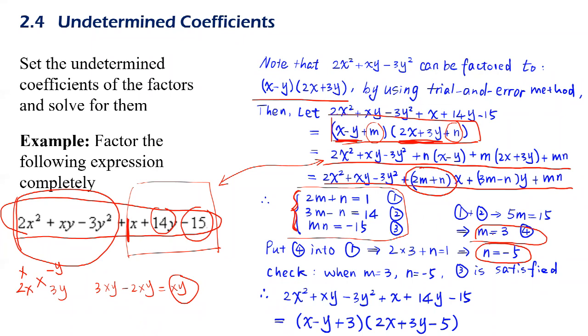So our solutions for m and n worked for the factoring. If we put m being 3 and n being -5 into the factored form, then we know that the original expression can be factored into x minus y plus 3, m is 3, right? And then 2x plus 3y minus 5. This is our n, right? You understand?